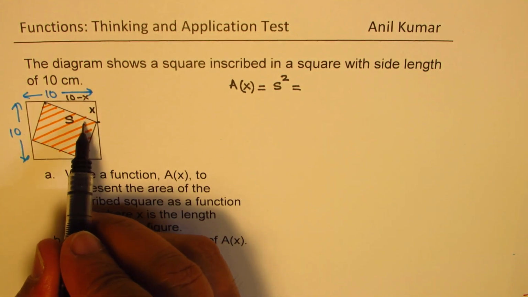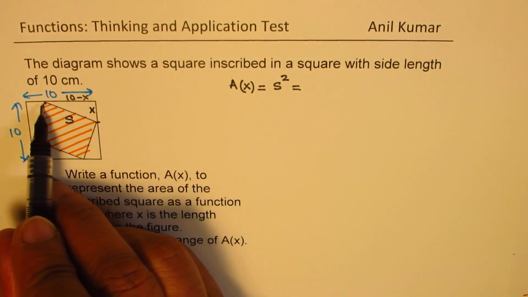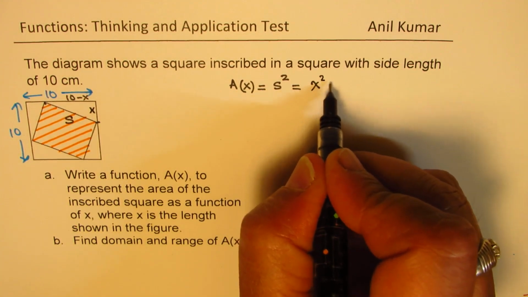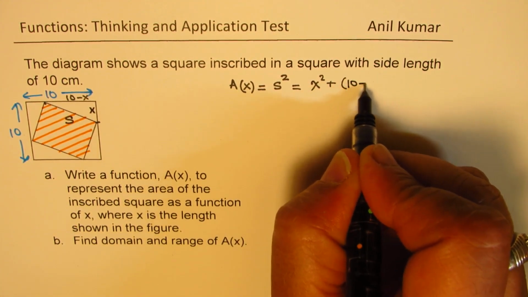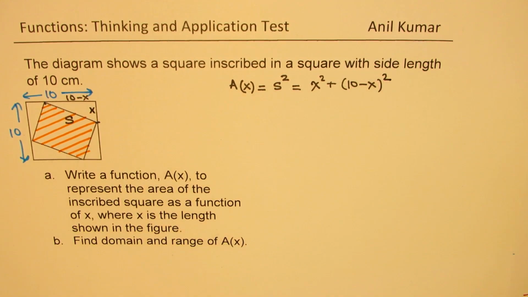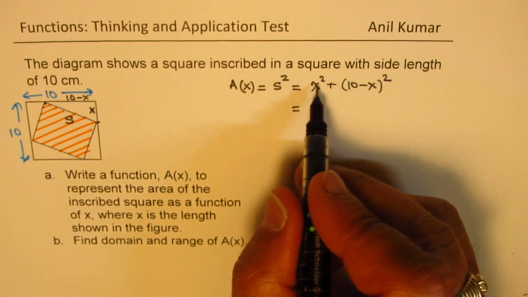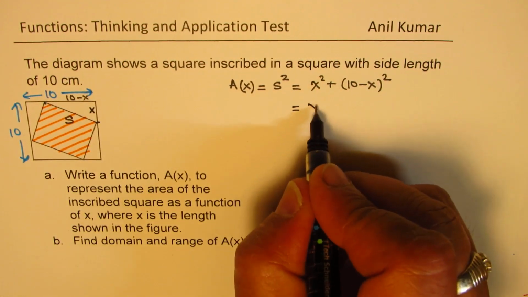Using the Pythagorean theorem, we can write side length squared, which is the hypotenuse of these triangles, as x squared plus 10 minus x whole squared. Is that clear to you? Right? So we can write this area function as this. Let's open the bracket and expand.